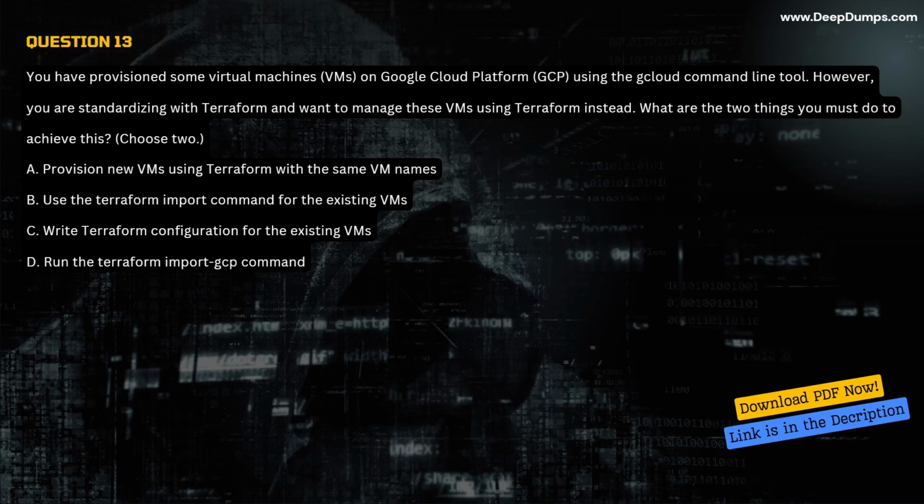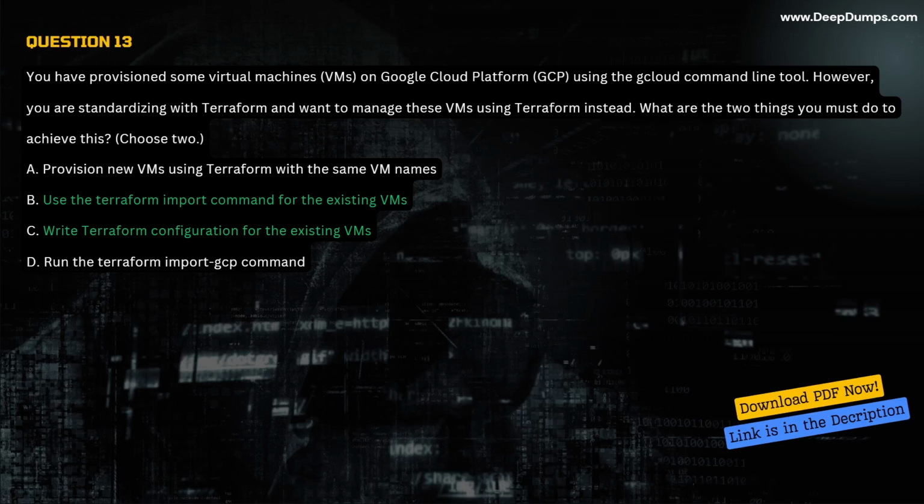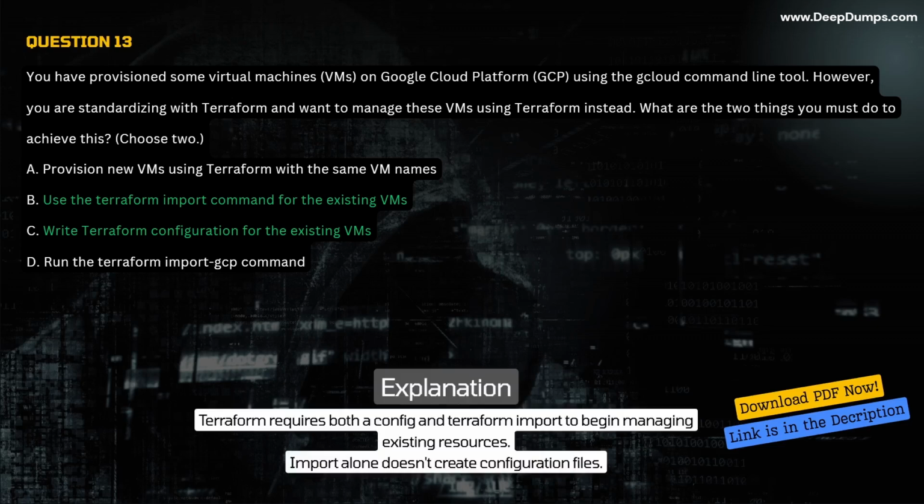C. Write Terraform configuration for the existing VMs. D. Run the terraform import GCP command. Correct answer, B and C. Use the terraform import command for the existing VMs. Write Terraform configuration for the existing VMs. Explanation: Terraform requires both a config and terraform import to begin managing existing resources. Import alone doesn't create configuration files.